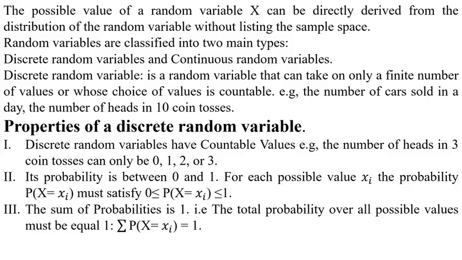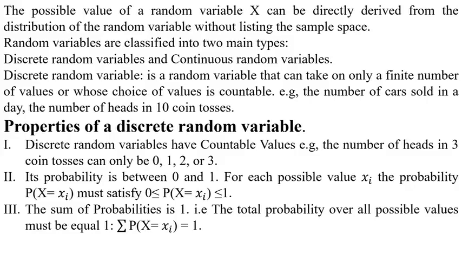Another one is the number of heads in 10 coin tosses. Like the example we did for tossing 3 coins, it is a discrete random variable, because from there we can count those that have 0 heads, which is 1 over 8, the ones with 1 head, 3 over 8, the ones with 2 heads, and like that, and 3 heads.